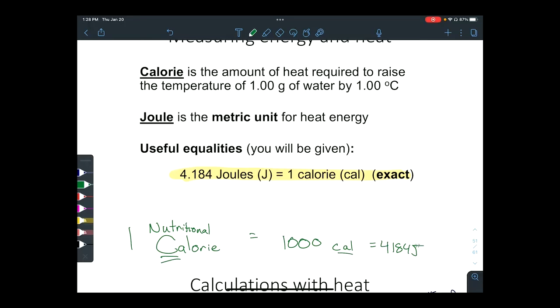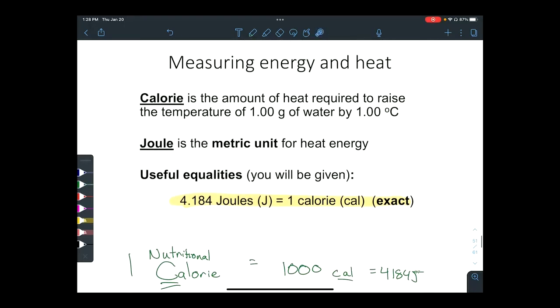So if you eat 1 nutritional calorie worth of something like a piece of celery, that would be 1,000 small c calories that we're using in chemistry here, or about 4,000 joules worth of energy. Oftentimes we use calories as well, and that unit is based upon the identity of water and how much heat water absorbs.